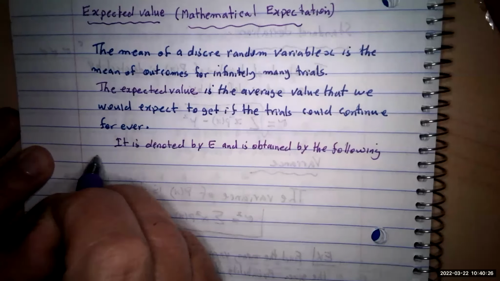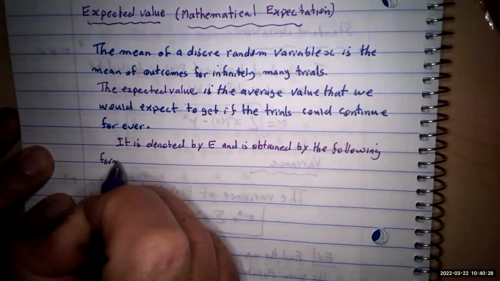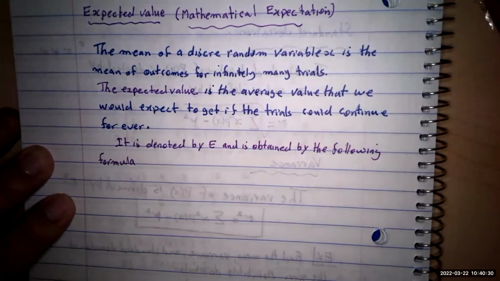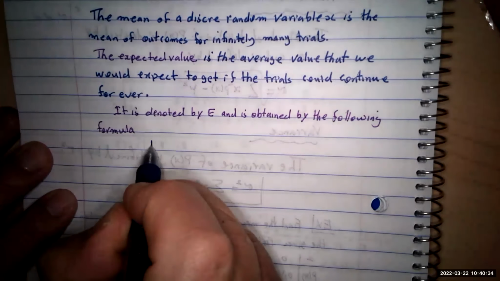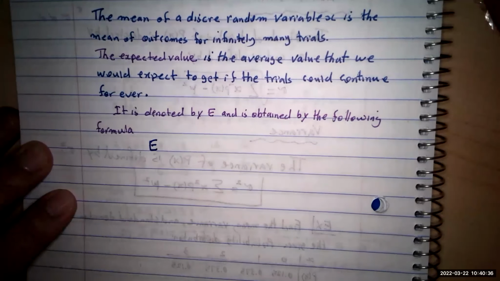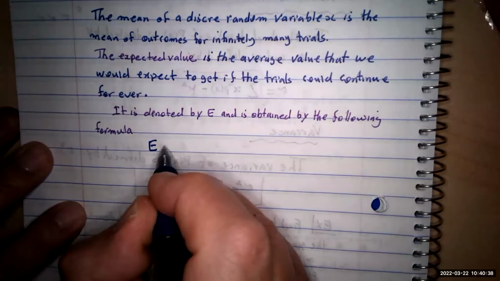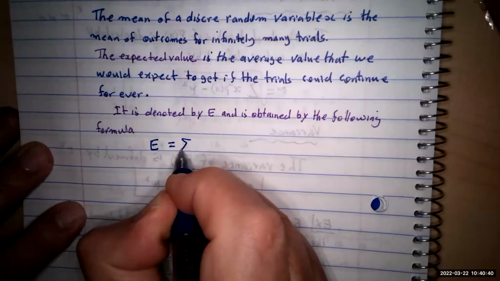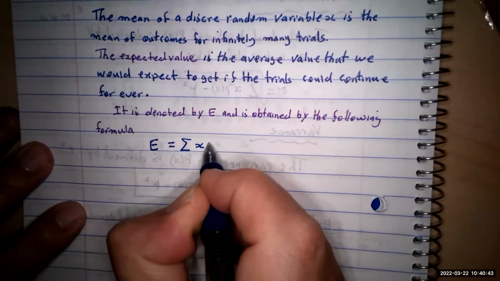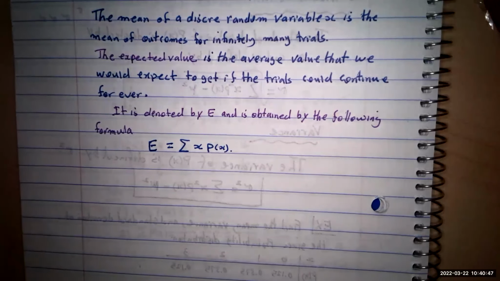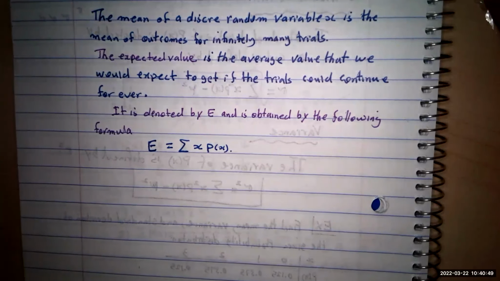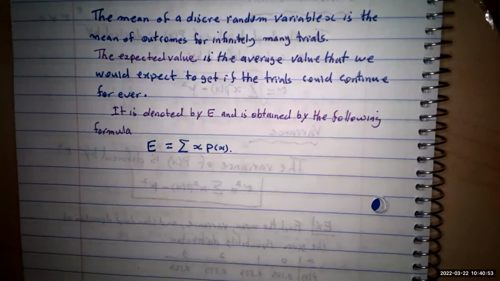What's going to be the mean? But we call it expected value. E is going to be equal to what? Sigma of x times p(x). Okay, so the formula is going to be the same, but the context is going to be different in the cases that we are going to have.